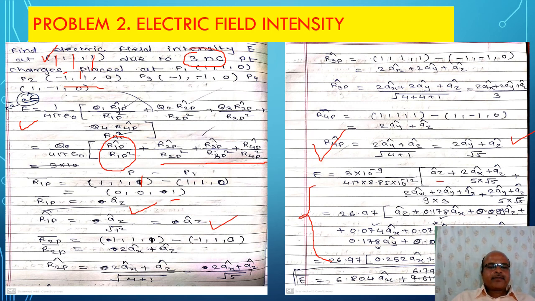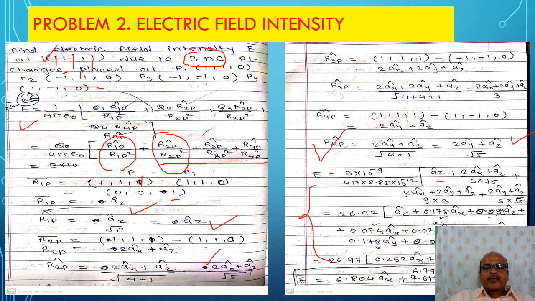Then next is R2P cap upon R2P square, R2P cap is this 2a_x cap plus a_z cap under root of 5, and this R2P is given by magnitude of that, that is root of 5. So root 5 square is 5 into root 5 we have mentioned here.